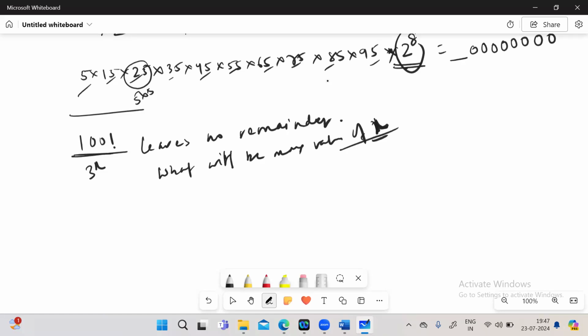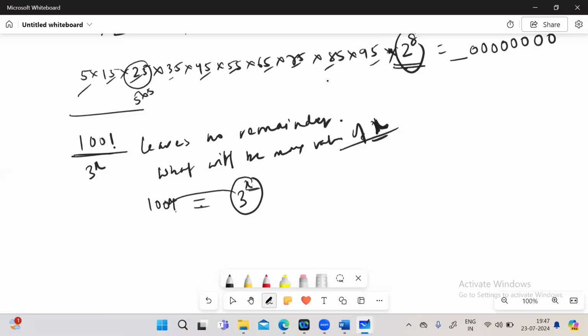So basically, you have to find that if I write 100 factorial in prime factorization, what will be the power of 3 that it will have? And that will be the maximum value of x.